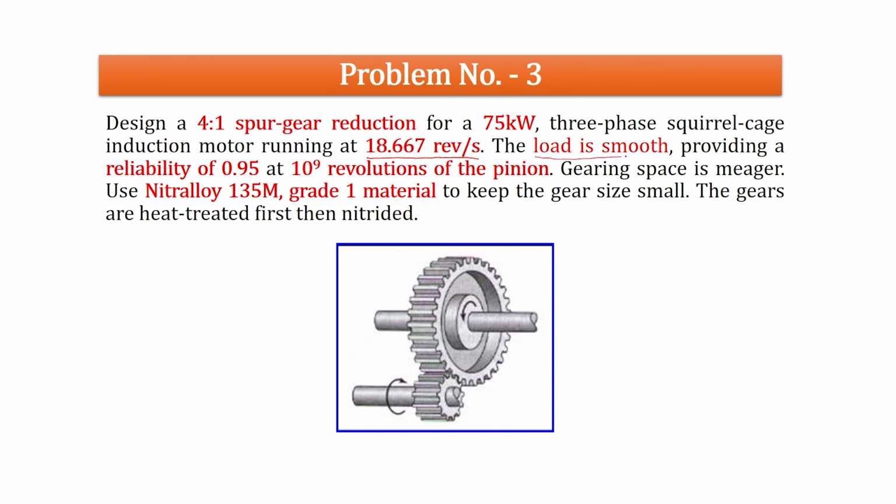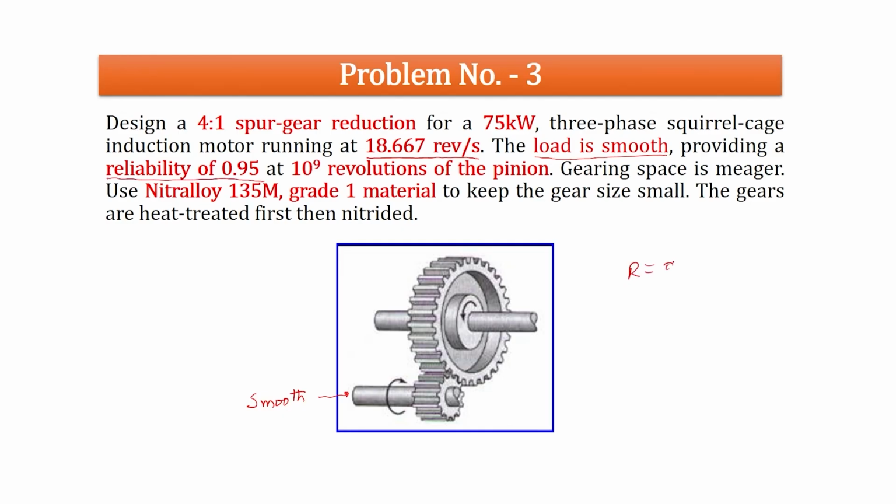The information about the source is given. So, here the source, the prime mover, will be connected. The information given is that it is smooth, and this will be used to determine the overload factor, providing a reliability of 0.95.